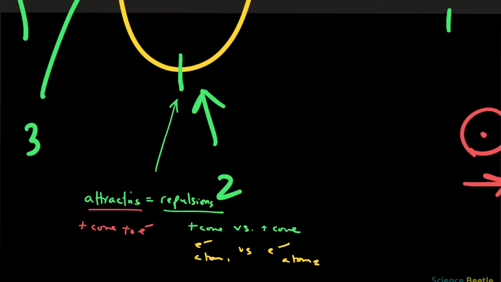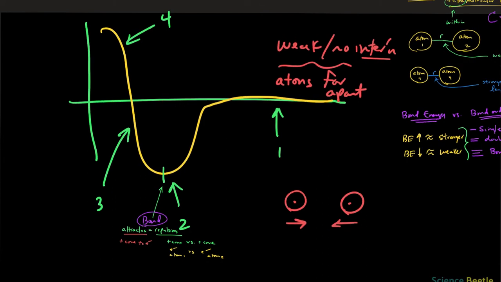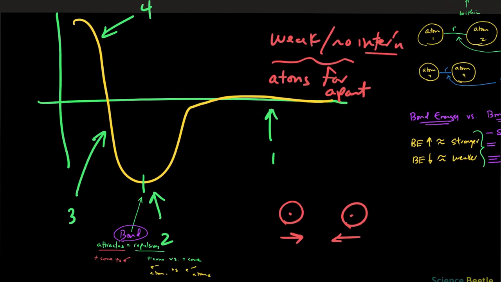Let's label that accordingly: this is where the bond is formed. That's very important that we distinguish as we go through here. Anything closer than this point, and I should probably label this end here as 0, means that potential energy increases.